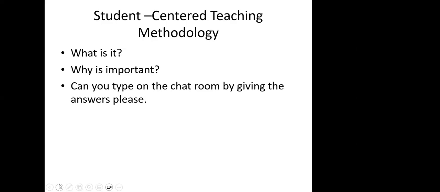Maybe on the chat room, you can tell us what is student-centered teaching methodology. Tell us what you understand by student-centered teaching methodology, and also tell us why it is important.